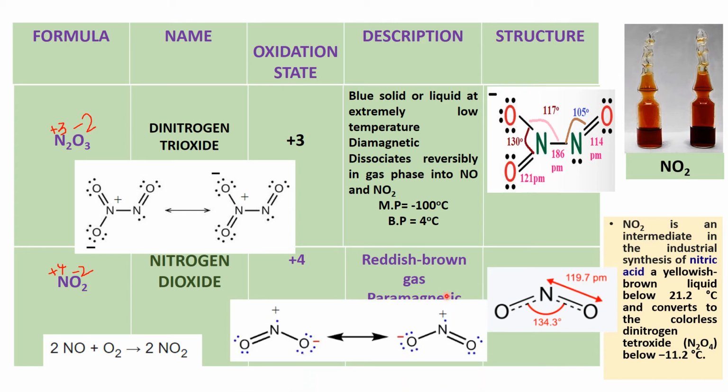Its resonance structure is shown here, with the nitrogen having one unpaired electron. So it behaves as a typical odd electron molecule and therefore undergoes dimerization to form the stable diamagnetic N2O4 molecule with an even number of electrons.